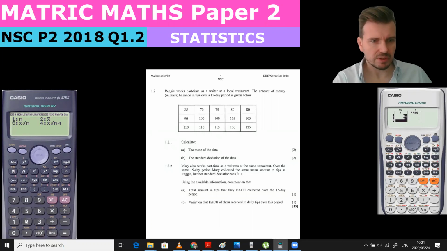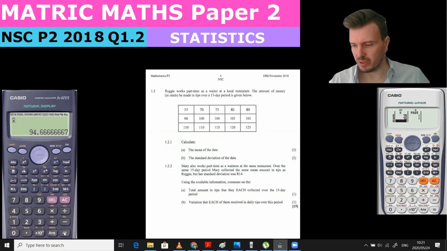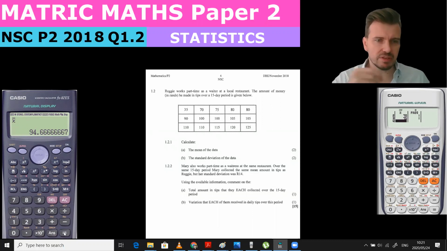Now they want the mean, which is number 2, so we say 2 equals, and so we know our mean is 94,66667.